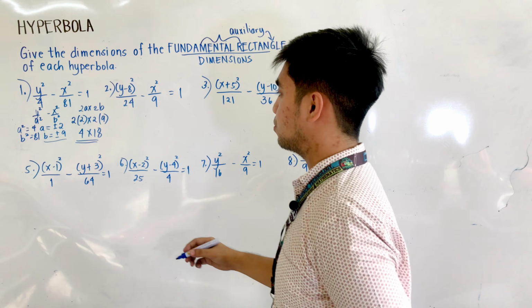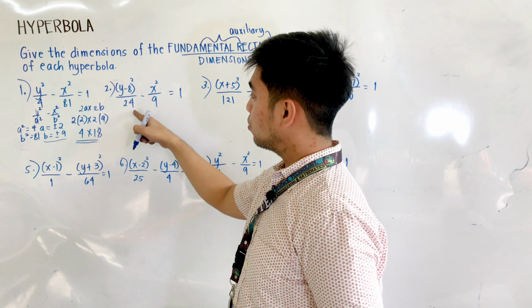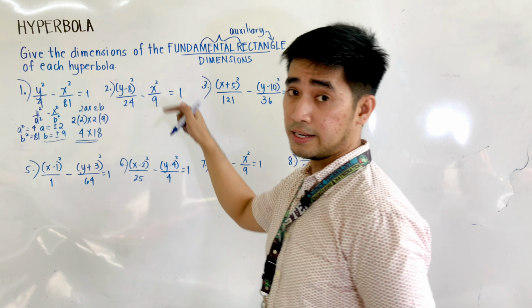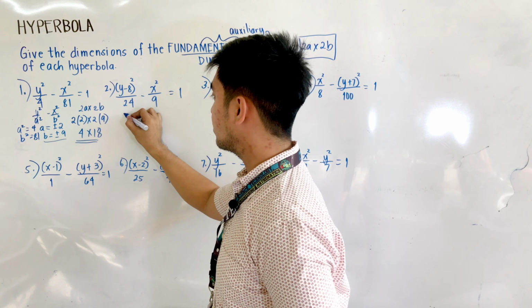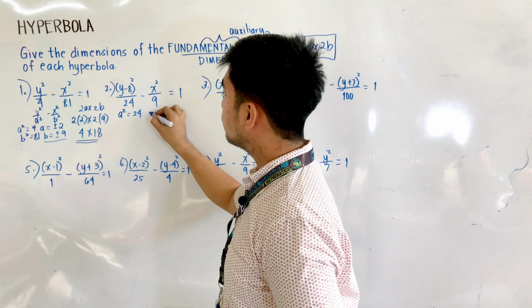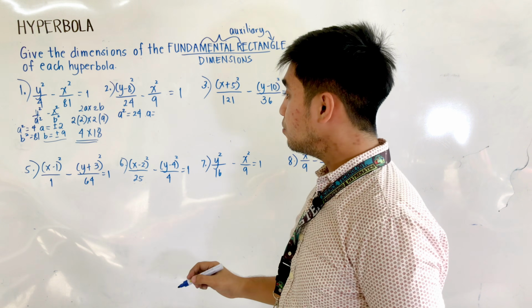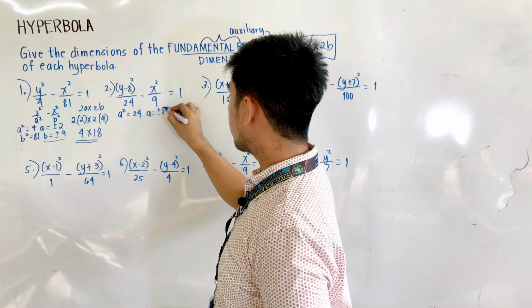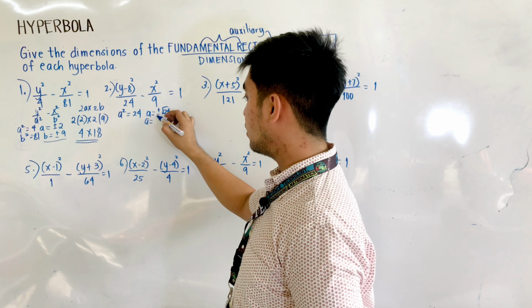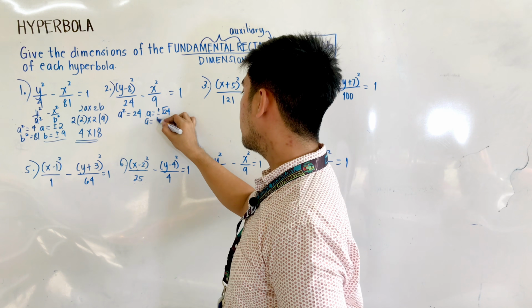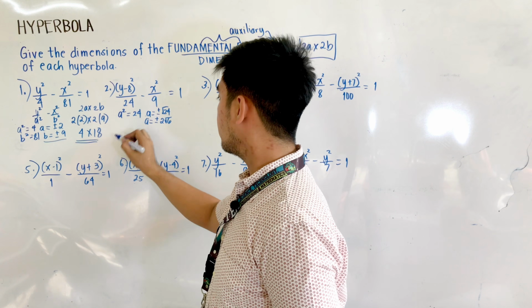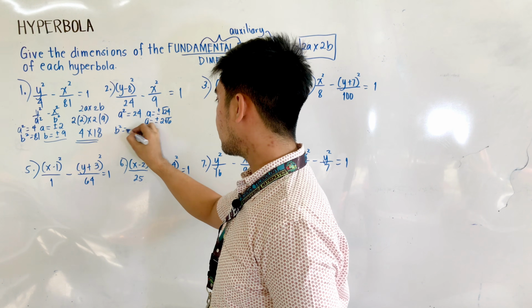How about for this one? Since 24 is positive, this side is positive, and this is the negative side, this is our a squared. Therefore, our a squared is equal to 24, so a is equal to plus minus square root of 24, which is also equal to plus minus 2 square root of 6. And we're now ready to solve for b squared, that is 9.